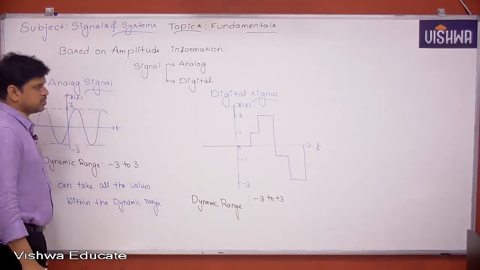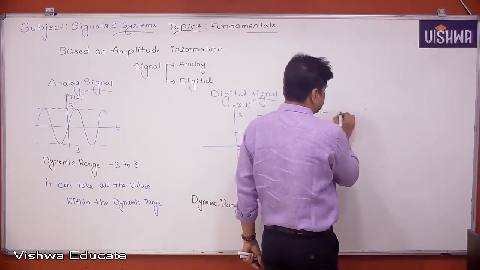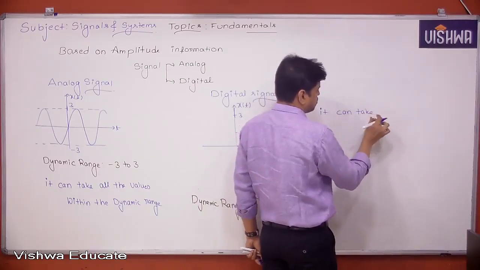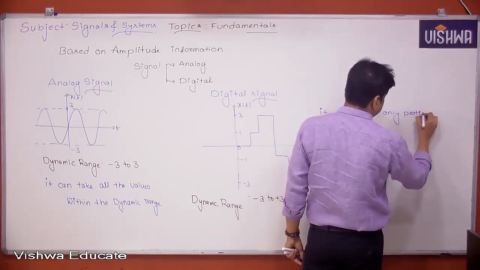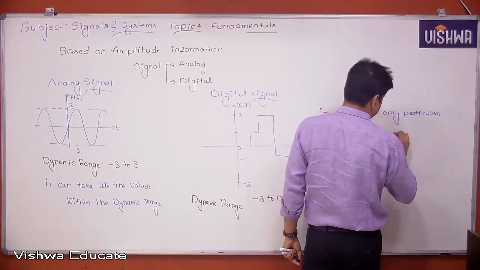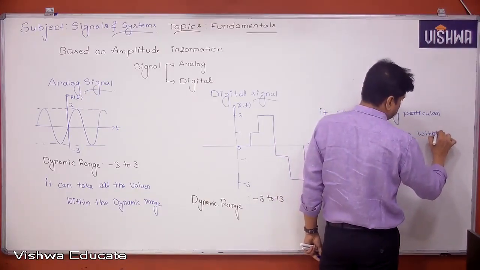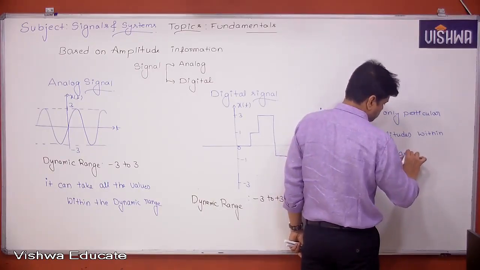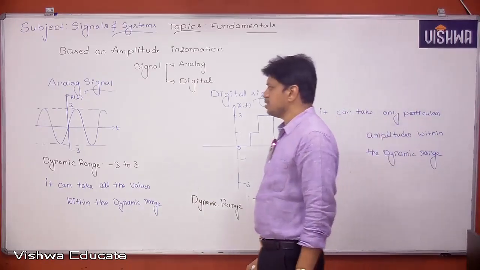Whereas a digital signal can take only particular amplitudes within the dynamic range. Then we can call it a digital signal.